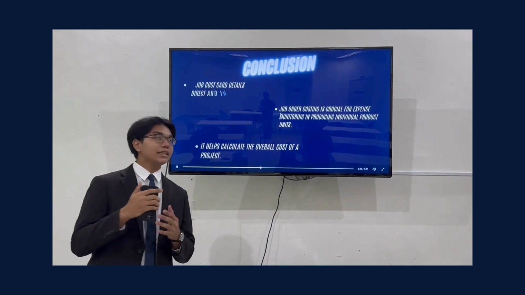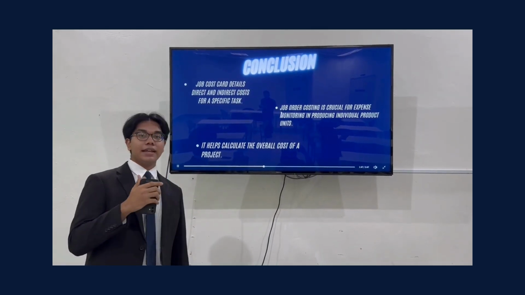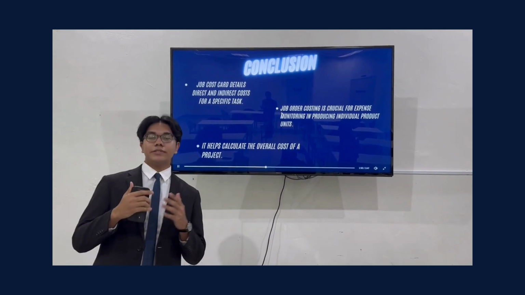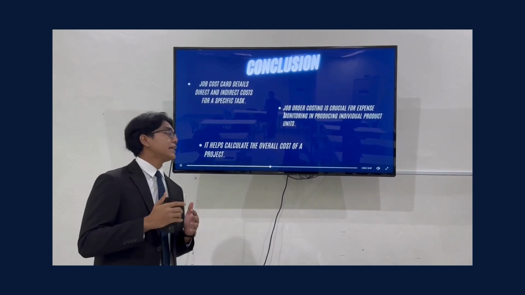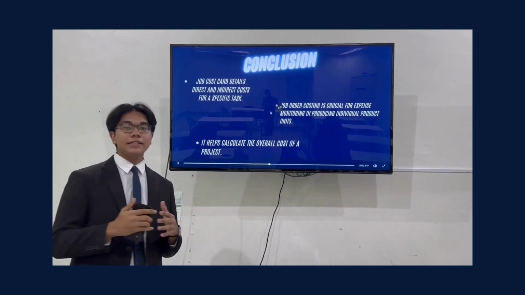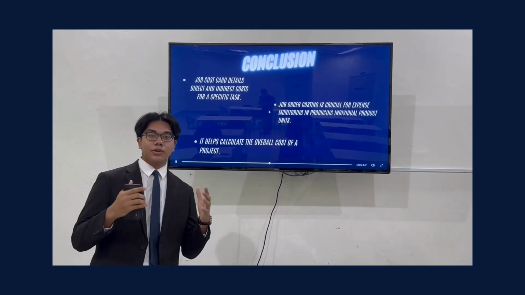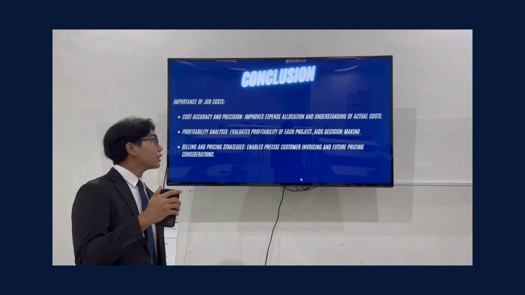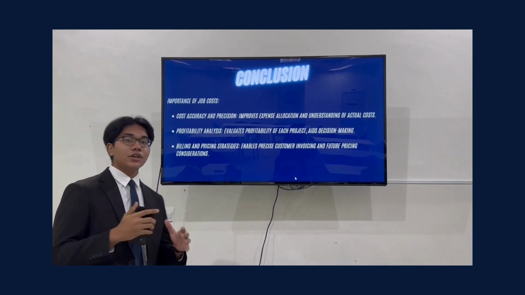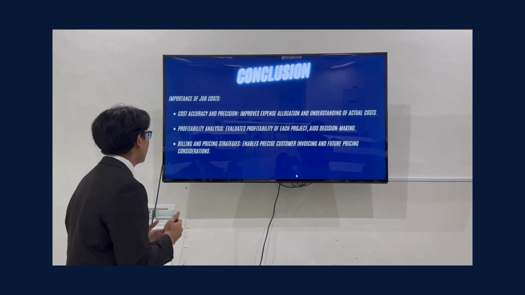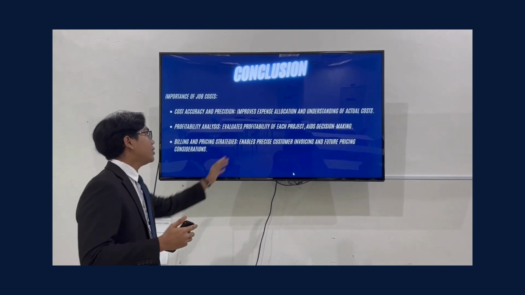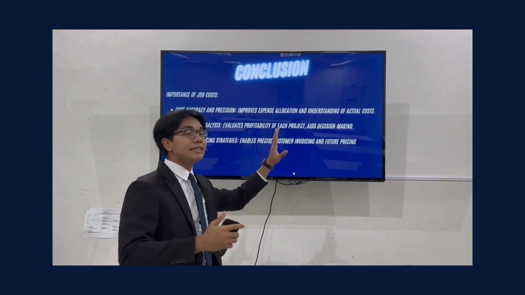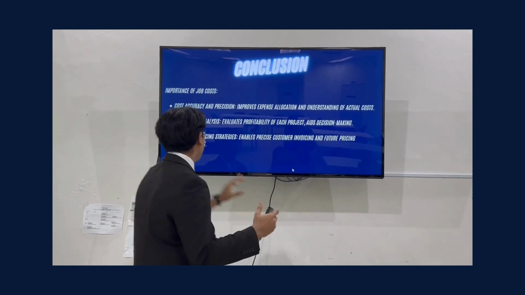Next is the conclusion. Job cost entails direct and indirect costs for specific tasks. Job order costing is crucial for expense monitoring in producing individual product units. It helps calculate the overall cost of the product. Next, the importance of job costs. Cost accuracy and precision improve expense allocation and understanding of actual cost.